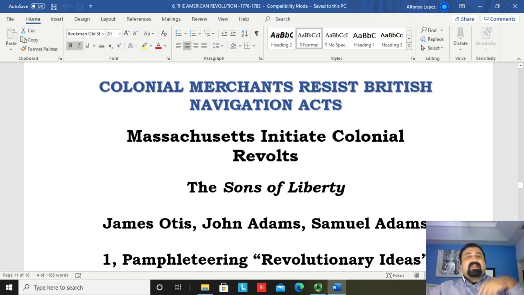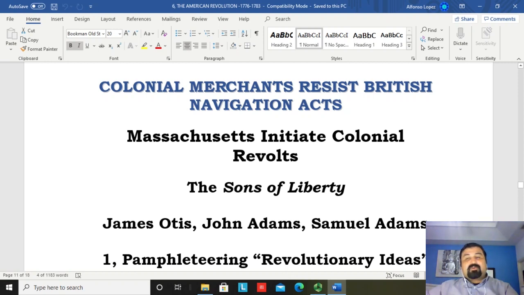And they're going to be rallying, of course, the masses against the Navigation Acts, and they're going to create a series of actions that are going to be affecting British interest in the colonies, of course. So now we see the beginning of a boiling point of tensions, in other words. This is not just a passive resistance anymore. We're getting to the point of a more active resistance, okay? And it's Massachusetts that is going to lead the way.